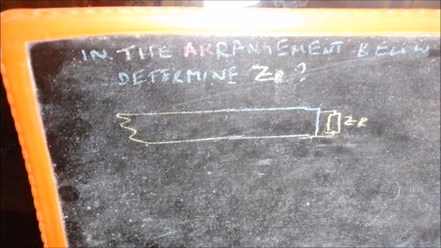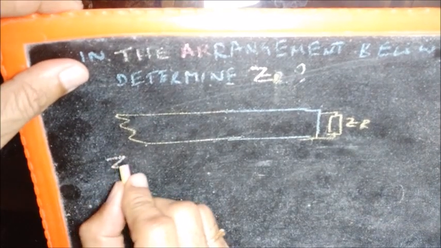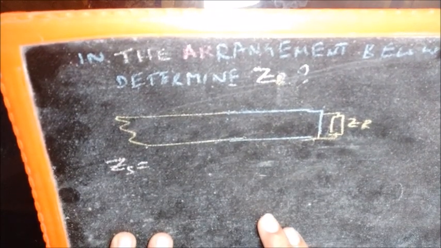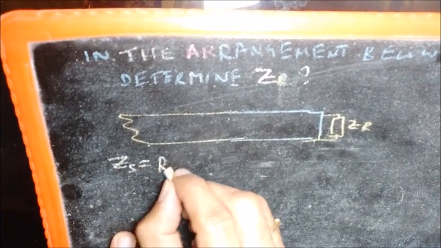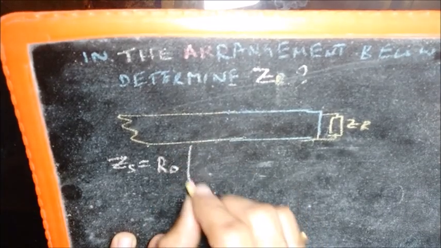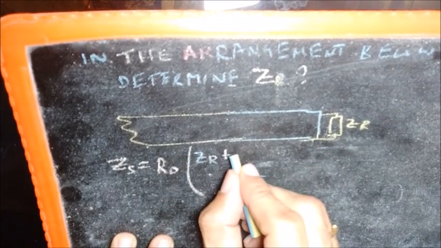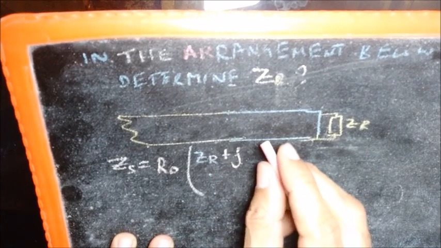Now we know that ZS, that is the line impedance at a particular point S on the transmission line, is given by R0 times ZR plus jR0 tan beta S, divided by R0 plus jZR tan beta S. These expressions were discussed in the previous video.